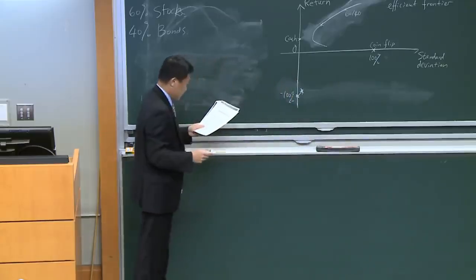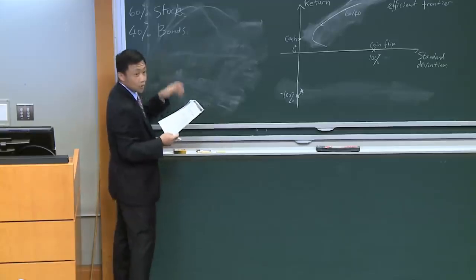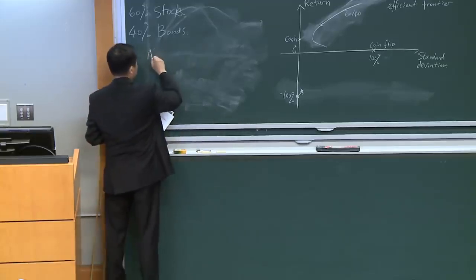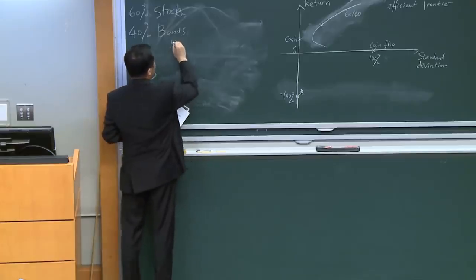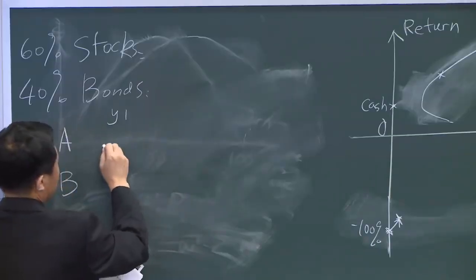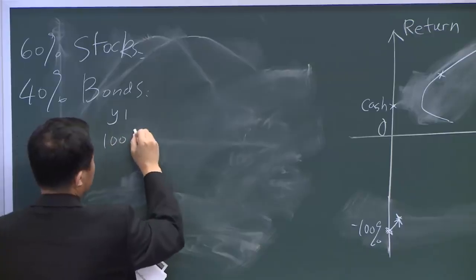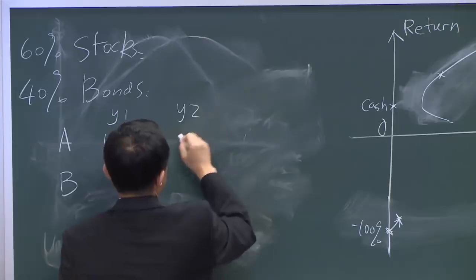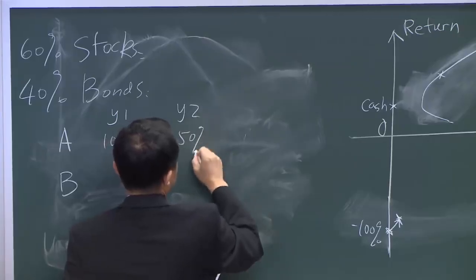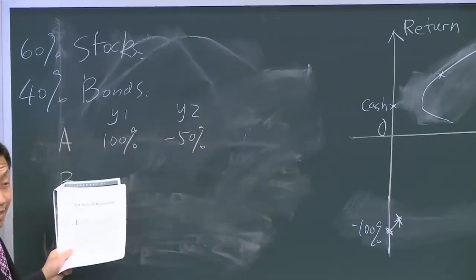Let's consider two assets, A and B. In year one, A goes up, basically doubles, and in year two goes down 50%. So where does it end up?